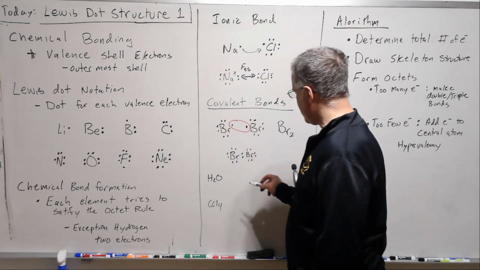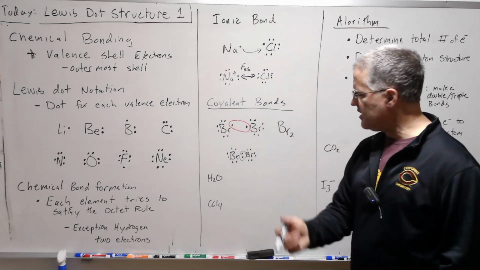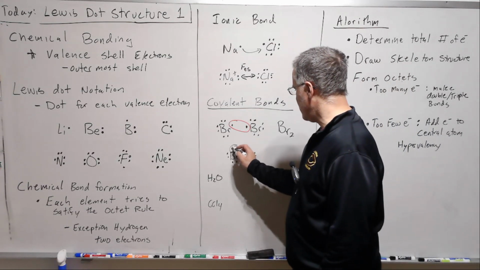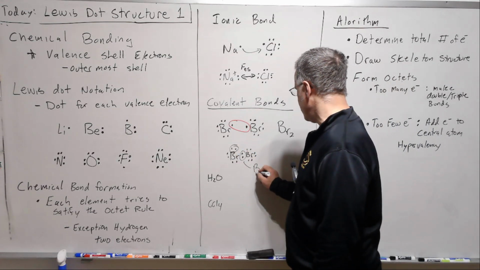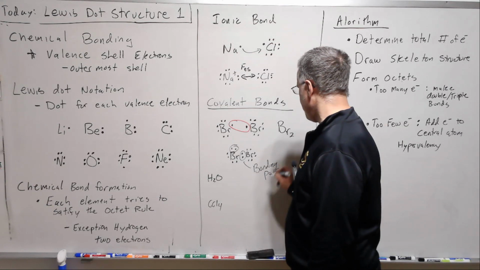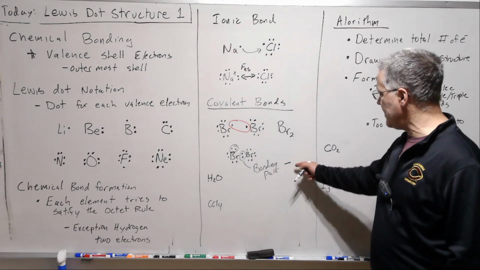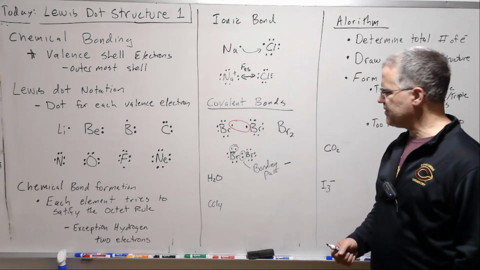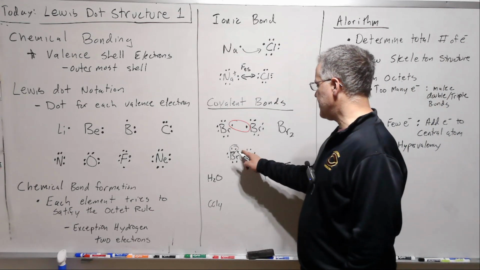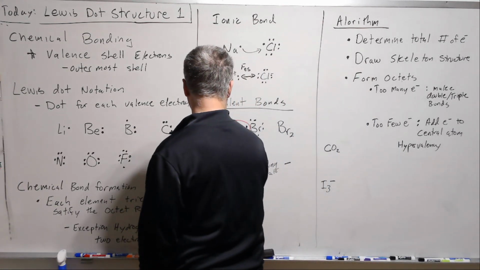Now, what we will typically do is those that are shared are the bond, and those that are not shared are the lone pair. So this is a bond or bonding pair. And this is usually represented by one line for every pair of electrons. And so this would represent what's called a single bond. These are called lone pairs.